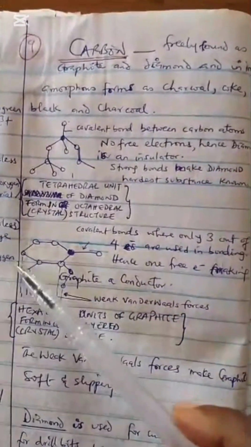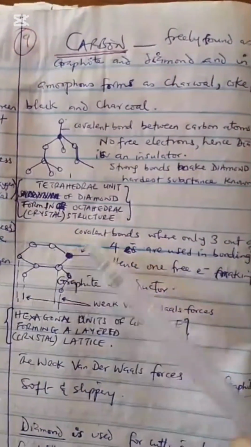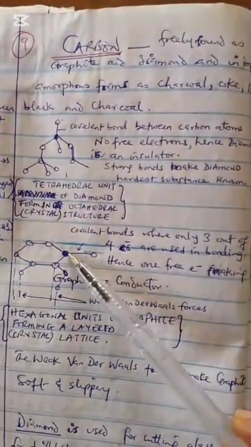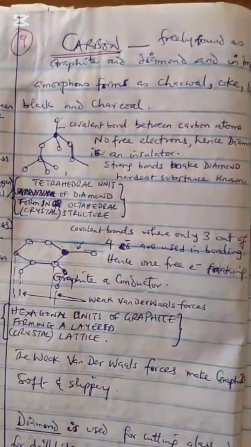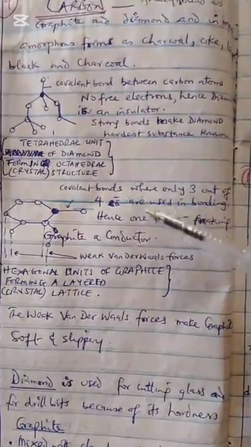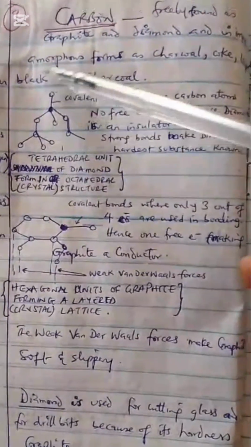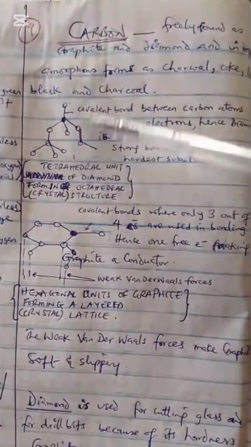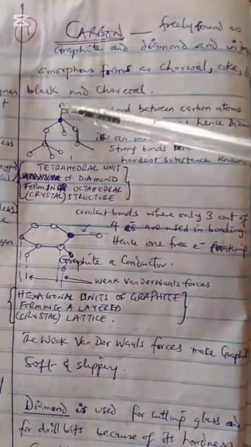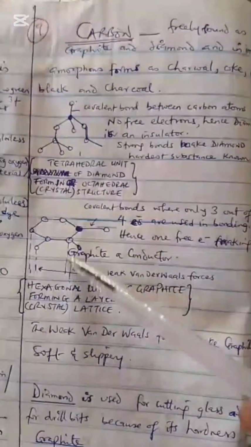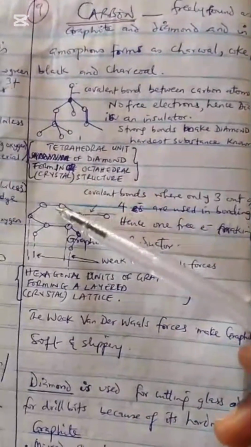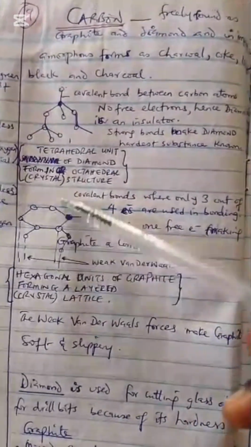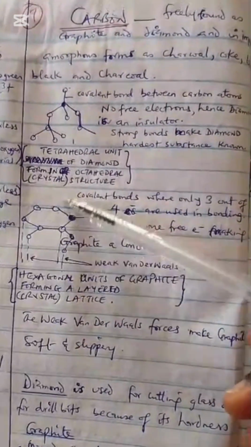This is quite different from the structure of graphite, where there's a free electron, which can be used as a conductor. So we're comparing the octahedral crystal structure of diamond to the hexagonal layered lattice structure of graphite.